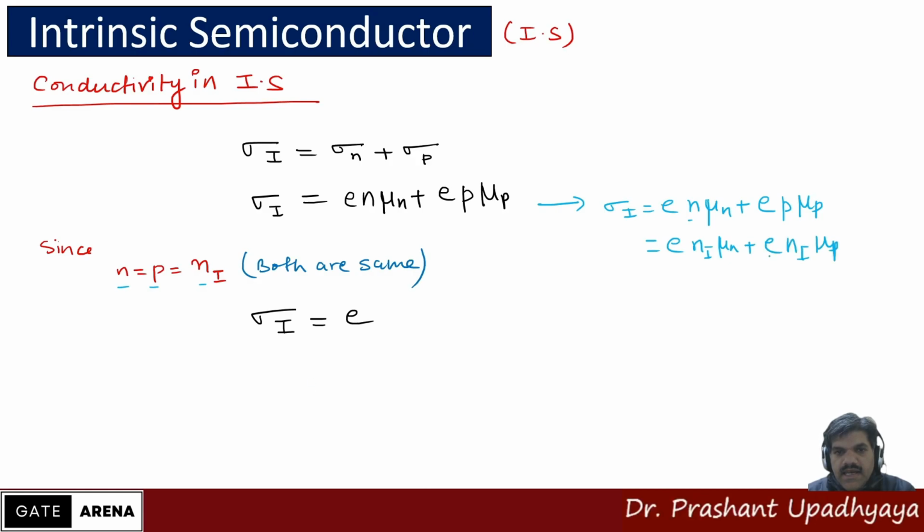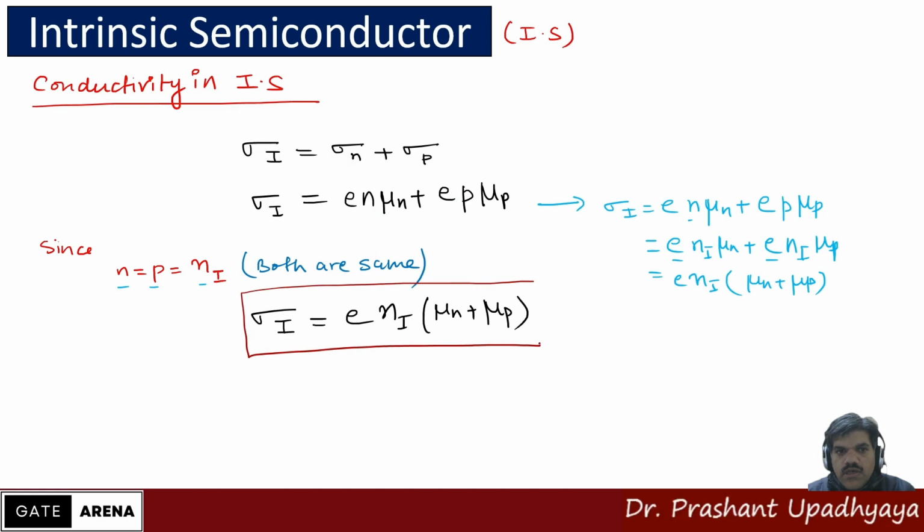I can take E ni common from the equation, so I get E ni in bracket mu n plus mu p. So the conductivity in the intrinsic semiconductor is equal to E ni (mu n plus mu p). This is my formula for the conductivity in an intrinsic semiconductor.